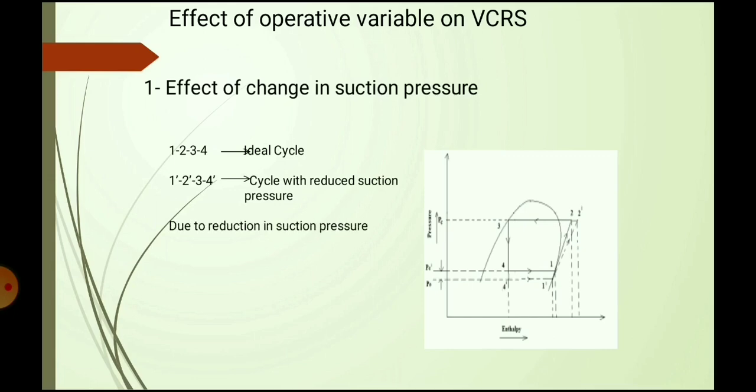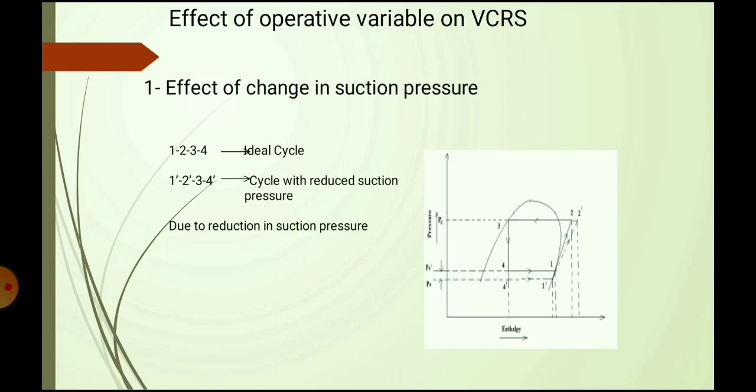In that pH diagram, the cycle 1, 2, 3 and 4 is the ideal cycle which we have studied. But in this case, we are decreasing the suction pressure from PE to PE dash.